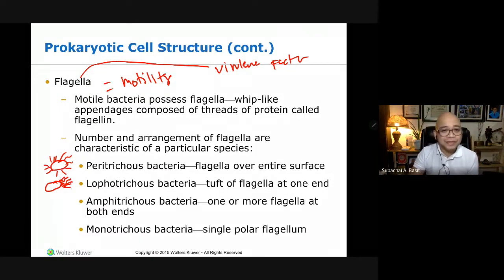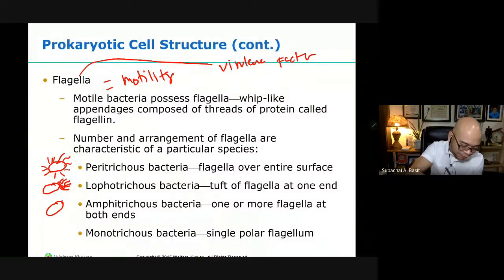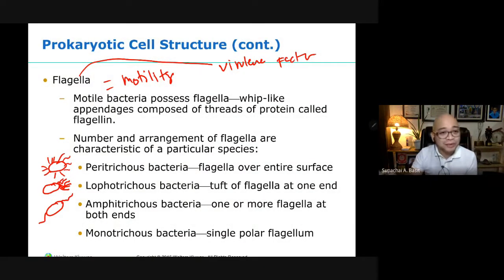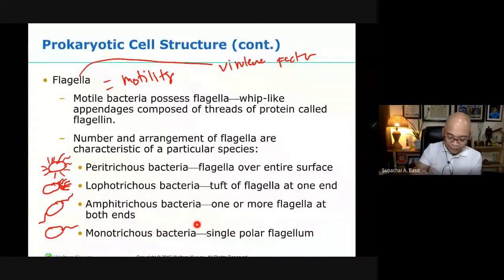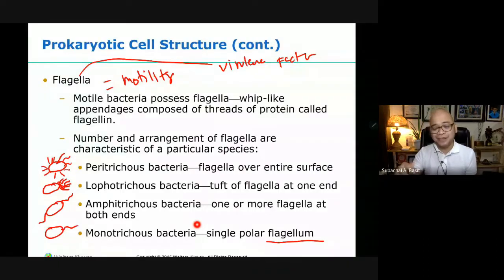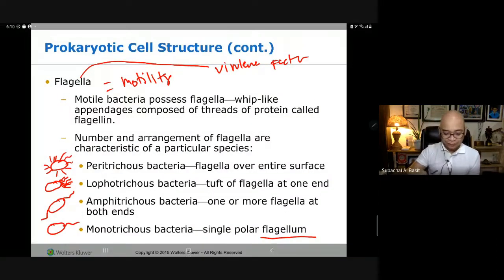Amphitrichous means one or more flagella at both ends. Monotrichous means there's a single flagellum. By the way, flagellum is the singular form and flagella is the plural form.